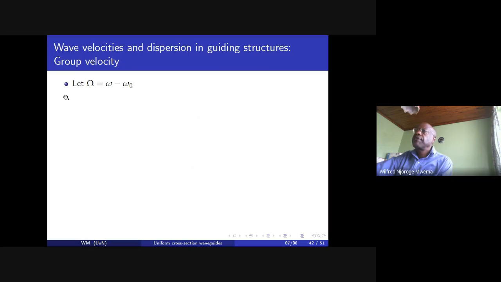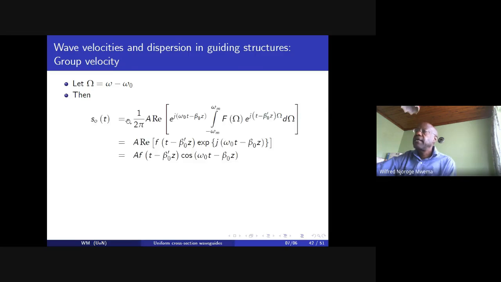So if we define big omega here as a frequency shift, then we can see that the equation for the output signal will be given by that expression there.